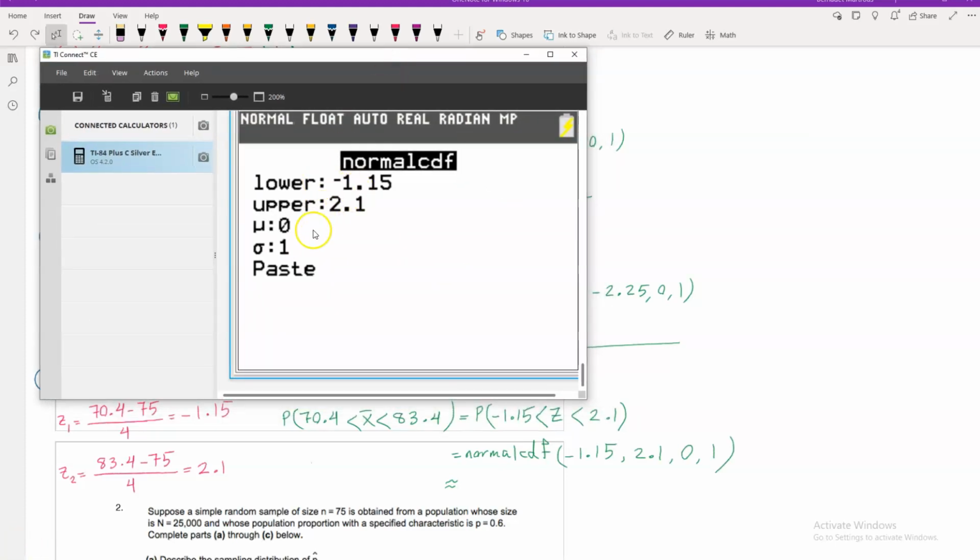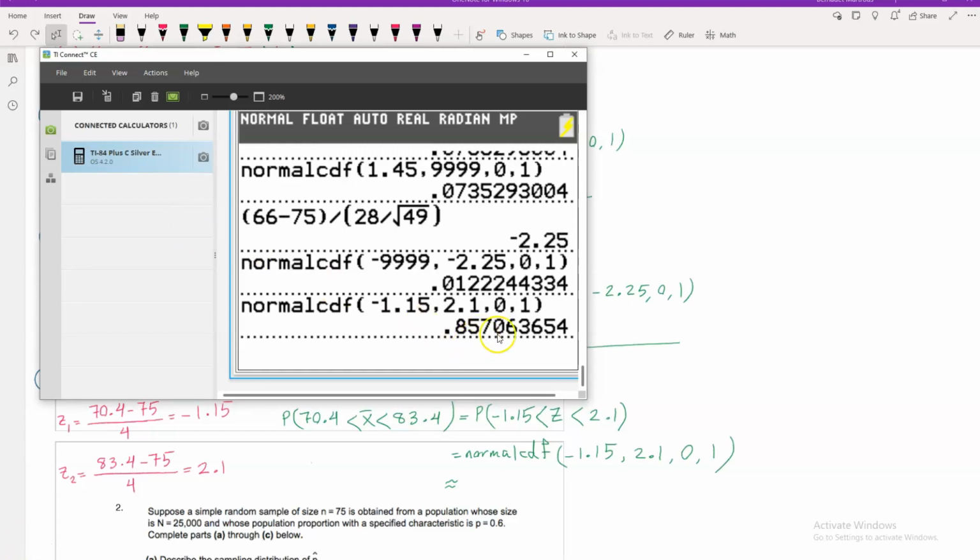So here is what we have to enter into the TI-84. Then enter, enter, enter. Here is our answer rounded to 4 decimal places. The answer is 0.8571.